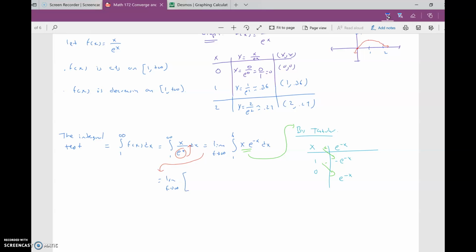The result of this integration gave us the negative x e to the negative x, as I'm pairing these two, and then minus the e to the negative x, evaluated from 1 to technically t.